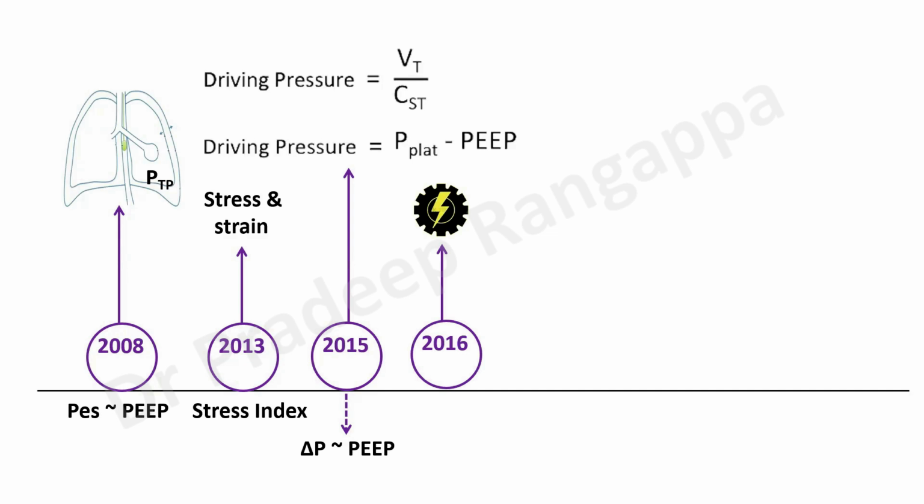So mechanical power is an extension of our driving pressure. It takes more variables. So basically what you are seeing is we have clearly understood there is not one variable which influences the outcome in ARDS. Initially, we thought low tidal volume, then we added PEEP, then we added plateau pressure. So now we have added driving pressure. So now we are adding more variables.